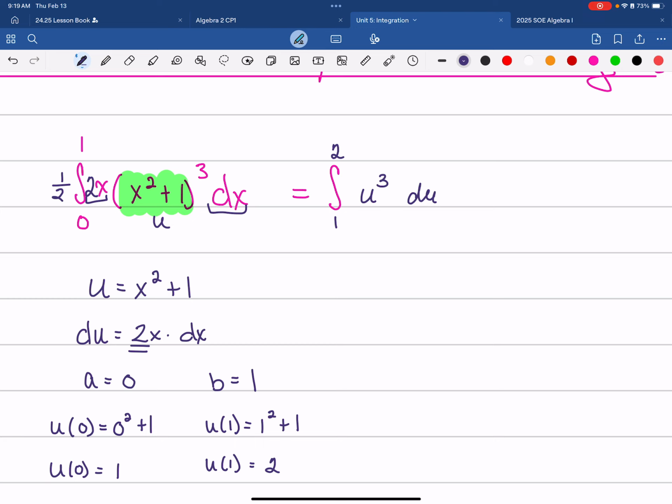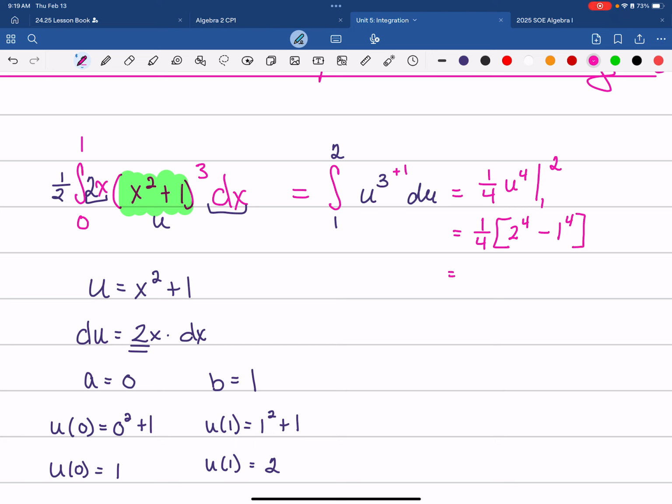And so because I changed my lower and upper limit of integration to be in terms of u instead of x, I can now just take the integral of this in terms of u and evaluate it. So now I can go through. I'm going to add 1 and then multiply by the reciprocal. So 1/4 u to the 4th evaluated from 1 to 2. So I get 1/4 times 2 to the 4th, subtract 1 to the 4th.